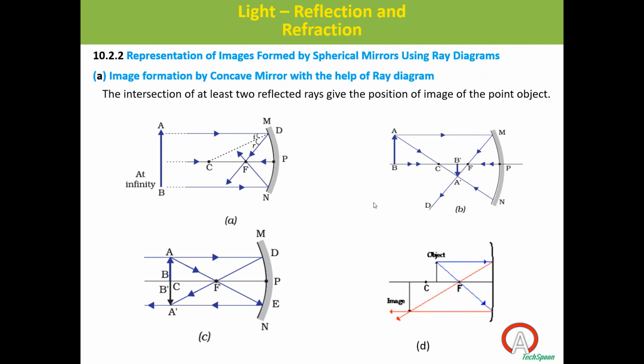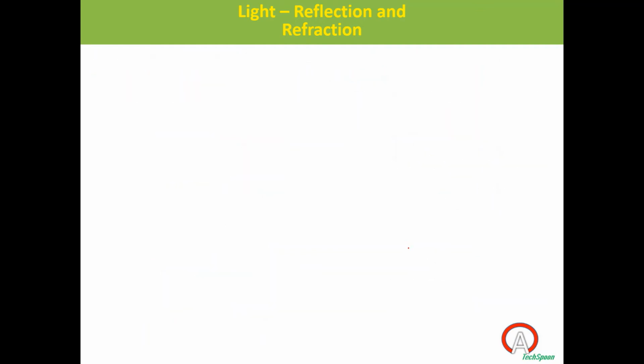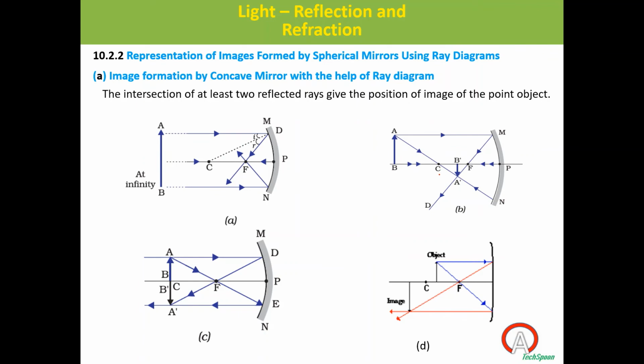You can draw it in the exam also. Okay? First case, no, second case I will explain how to draw. Same thing you have to follow. First, take 10 centimeter like this, then this should be 5 centimeter. Mark center of curvature, focus, pole. Then you draw this incident line from top of the object, parallel to the principal axis.